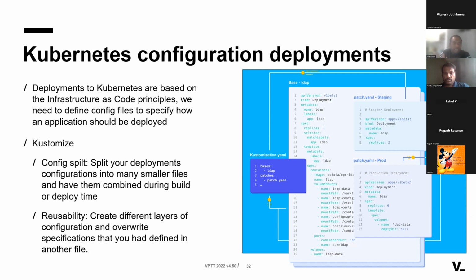And that's where the concept of Kustomize comes into play. Kustomize lets us define the config files in multiple files and combine them together before we deploy to Kubernetes. With Kustomize, it is also possible for us to create a base set of files, and we can apply overlays based on our environments. This way, Kustomize is going to be really helpful.